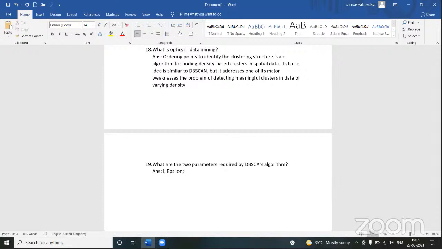The next one is minimum points: the minimum number of data points required inside that circle for a data point to be classified. How many minimum points must be inside the circle? This is the second parameter.